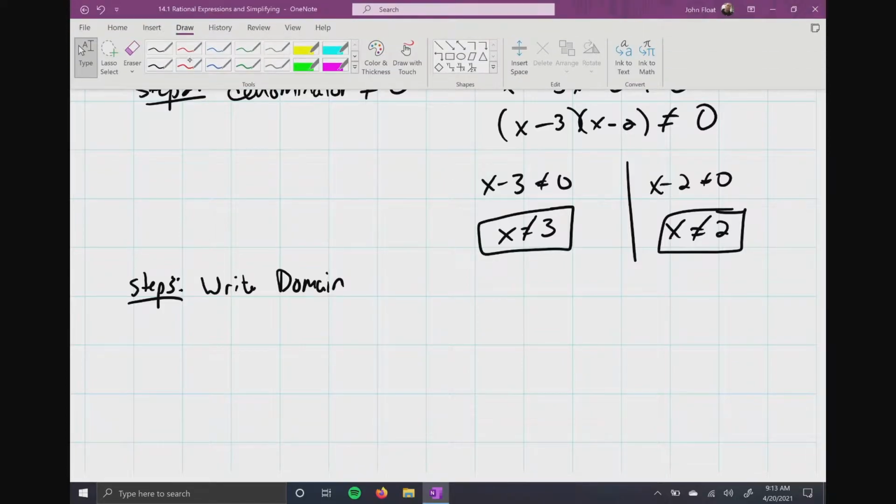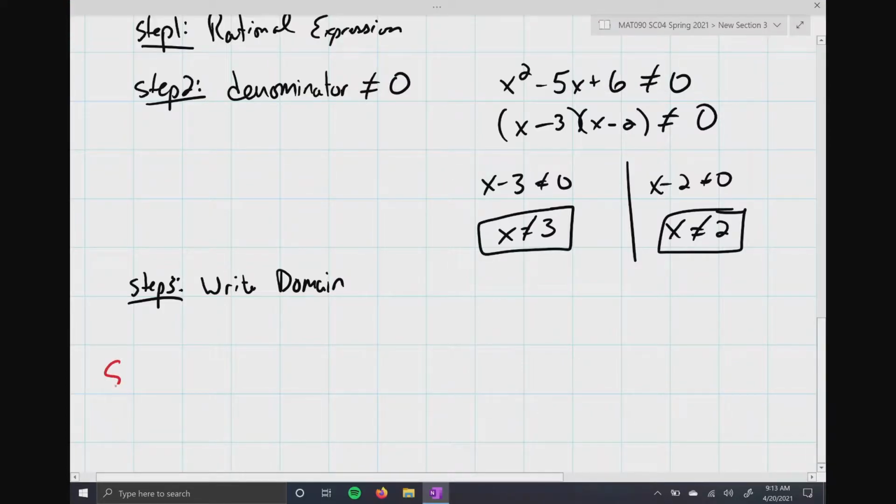So I'm going to change the color up here. And this is called set builder notation. When we write this, it actually builds the set for us. So you'll always, always, always have this. So I'm going to write it in red.